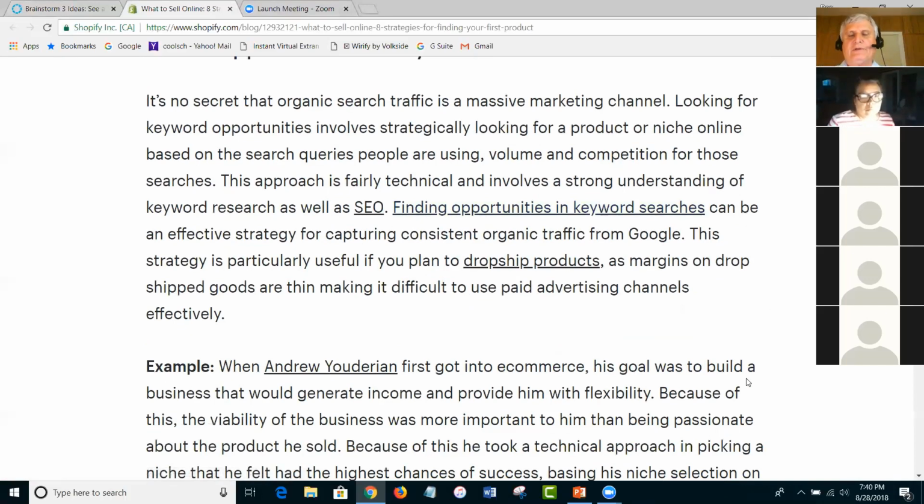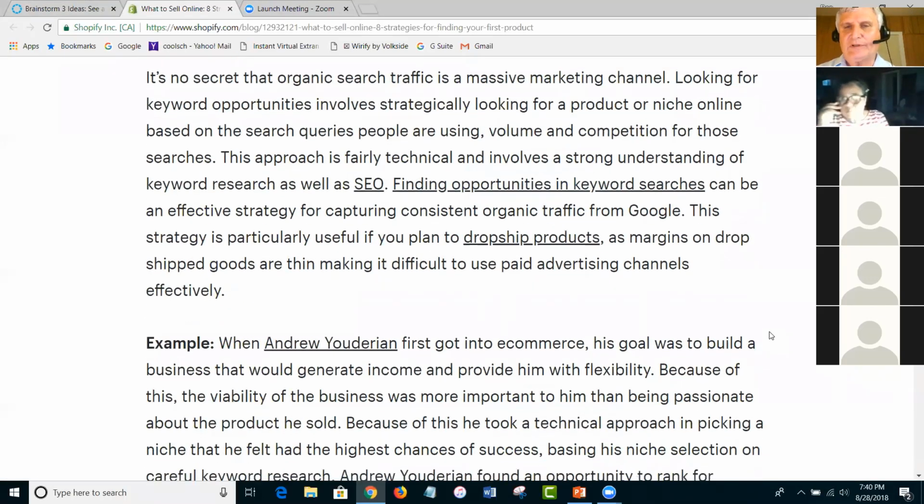And so basically the part about keywords, what some people do is they don't pick products to sell online based on their own personal needs, or based on things that they think will sell well. They actually do research into what people are looking for. If you go to Google, you can find out how many times certain keywords are being accessed.